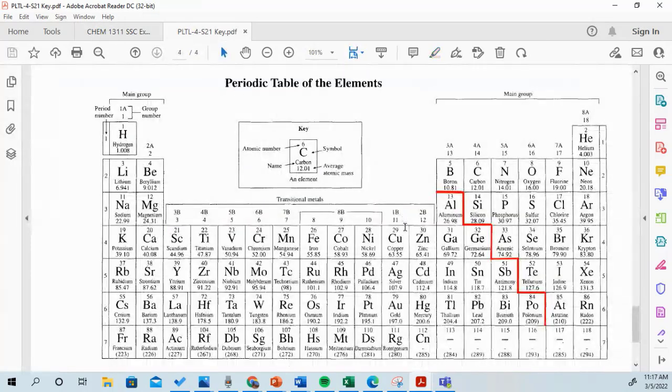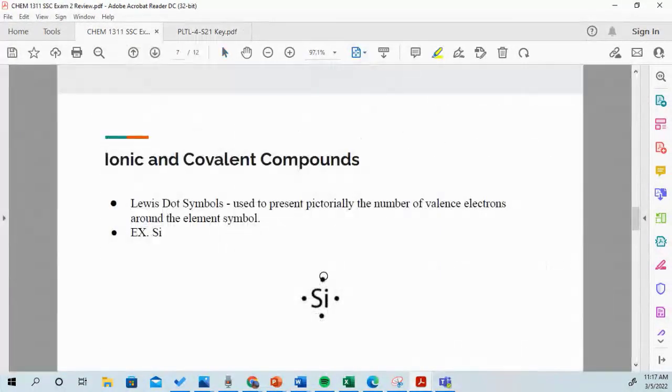So, silicon is located right here, right underneath carbon, group 4. So I know it should have 4 valence electrons. And so main thing is you don't put 2, and keep going. You put 1 valence electron on each side, and then if you have more, you add it into another clockwise or counterclockwise manner.